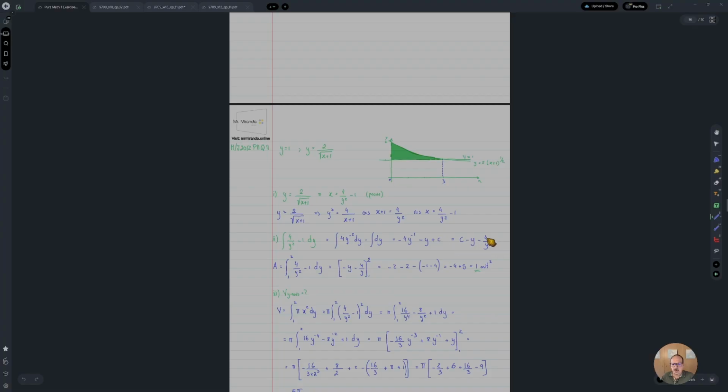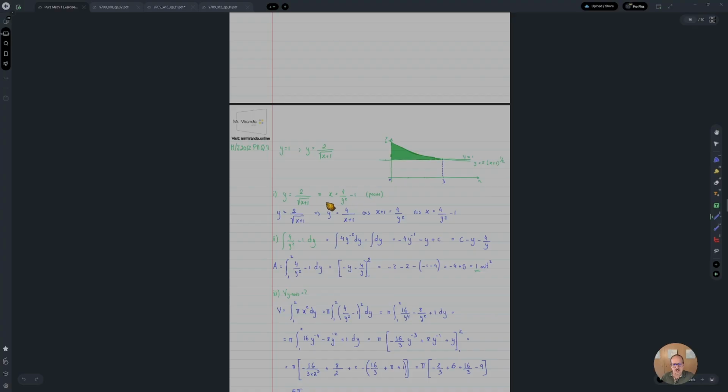And then the area is the area between points 1 and 2, between x equals 1 and 2, so between 1 and 2 of 4 over y squared minus 1, all right?